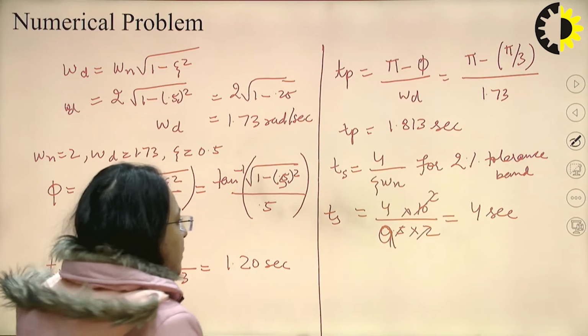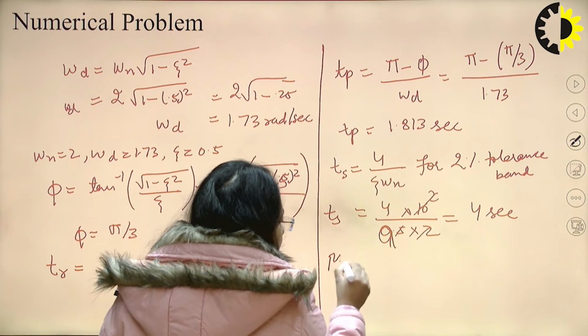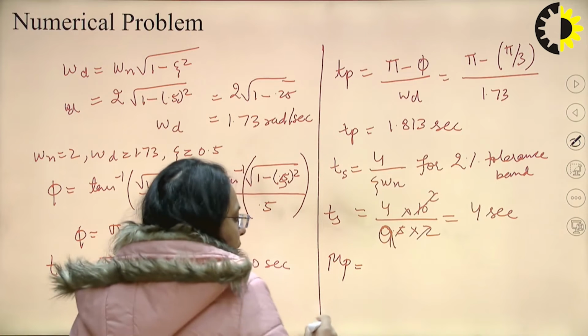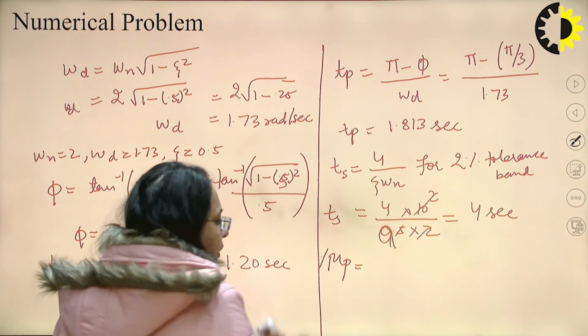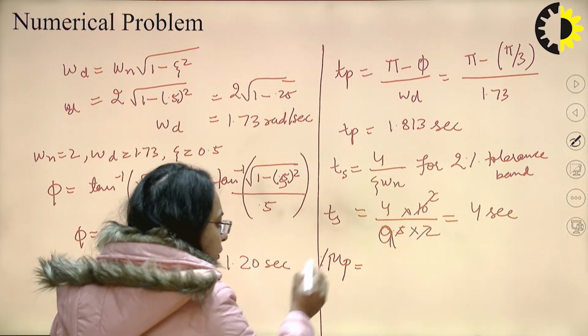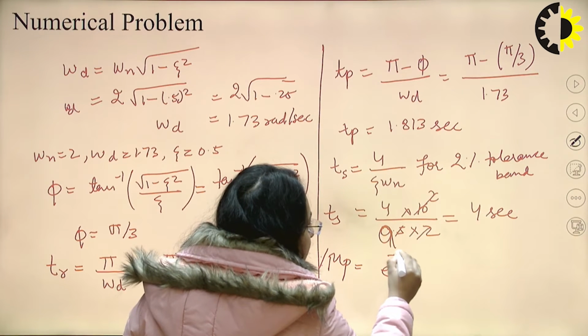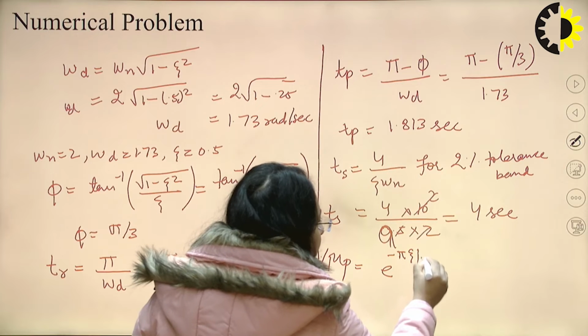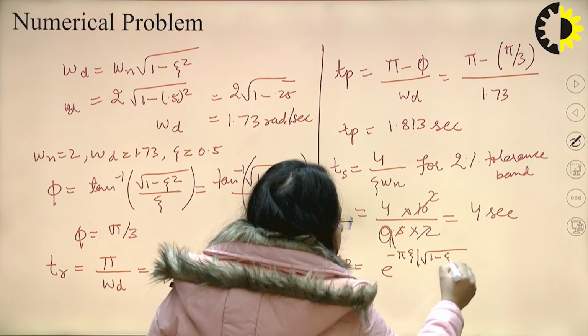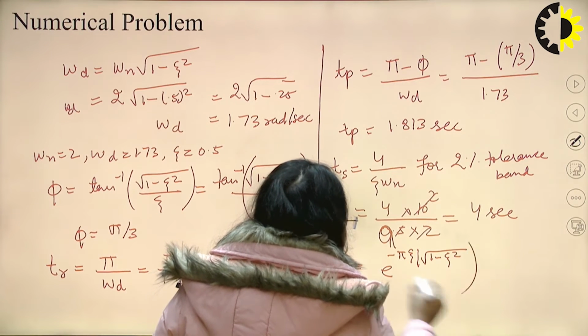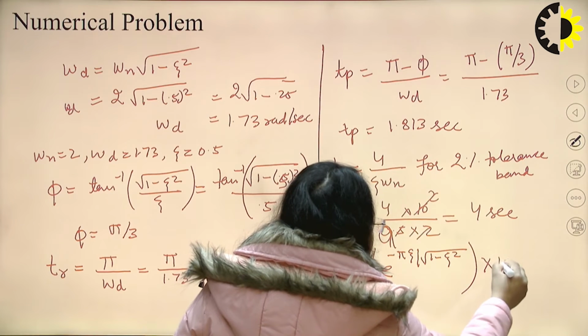Okay, now last is the peak overshoot value. Peak overshoot value, if we talk in percentage, is e raised to the power minus pi zeta upon under root 1 minus zeta square, into 100.